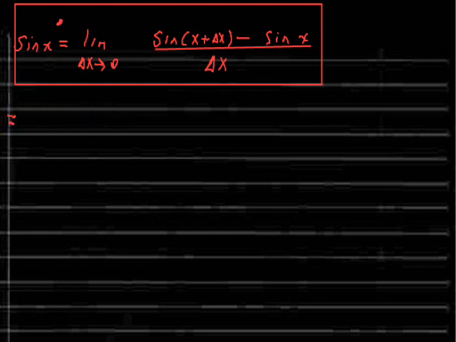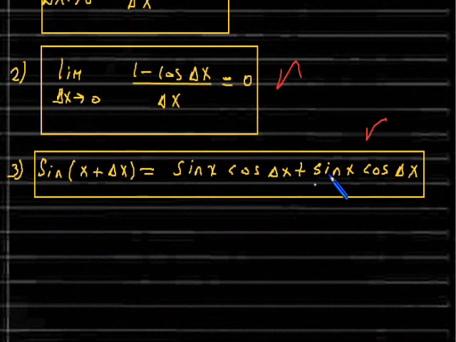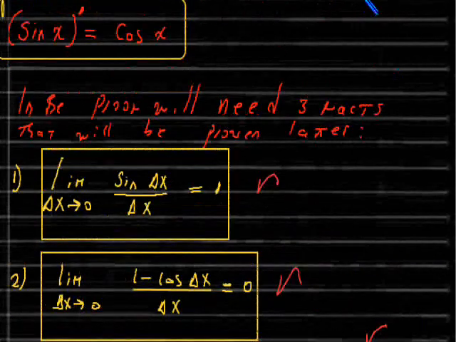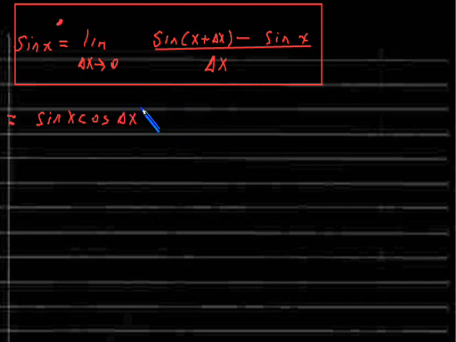So expanding this using this identity here, which I did not prove, I am going to get that the top part over here is equal to sine of x cosine of delta x, plus cosine of x sine delta x.